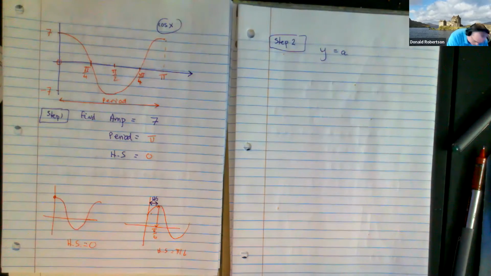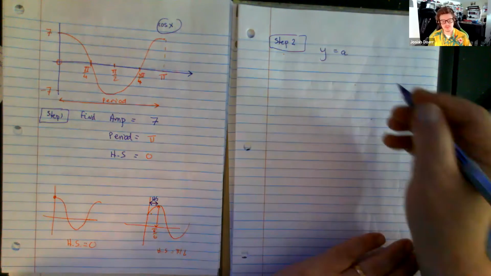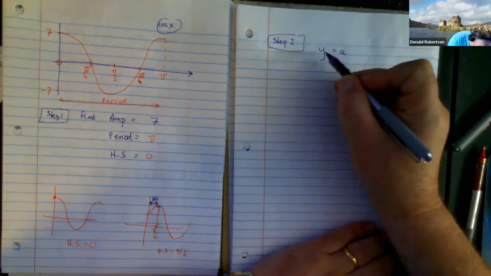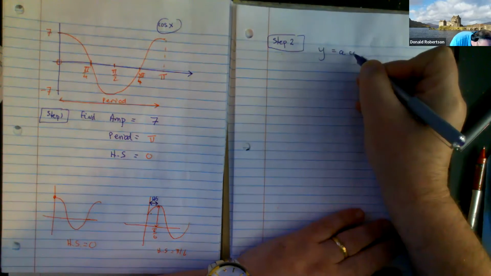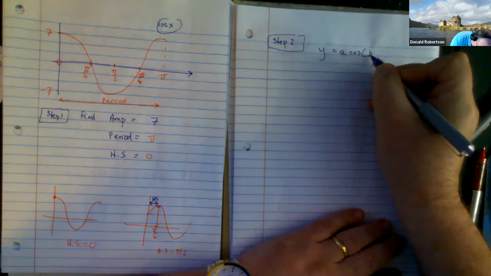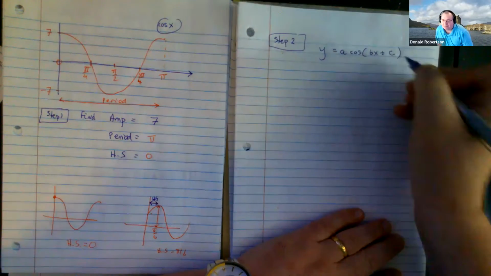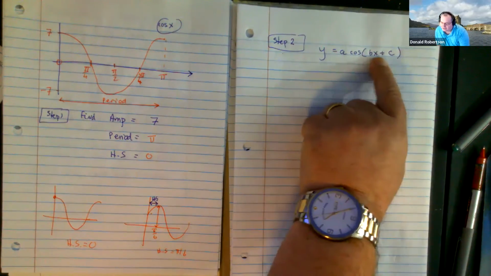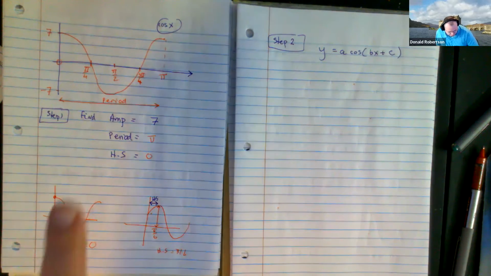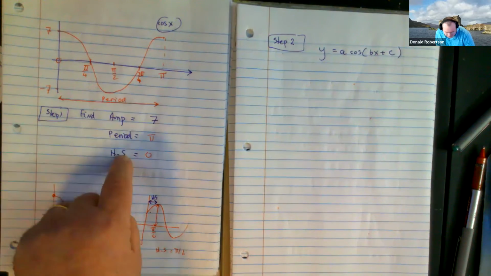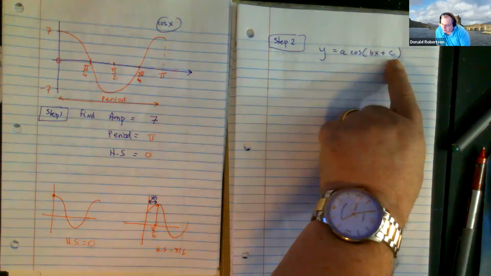Okay. Now, I'm going to write down a general version of all cosines that haven't been moved up or down. A cosine of bx, and I have to put something, so I'm going to put plus c. Remember my b and my c from earlier, I'm using the same letters. Now, these guys will help me get A, B, and C, okay?